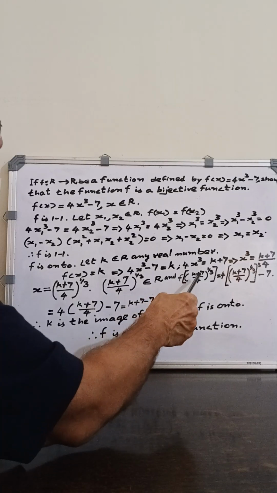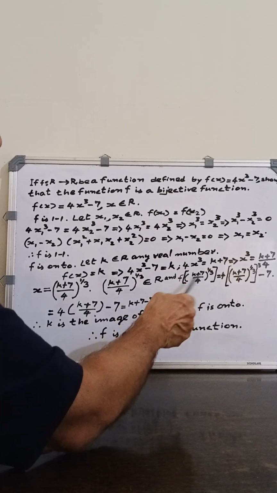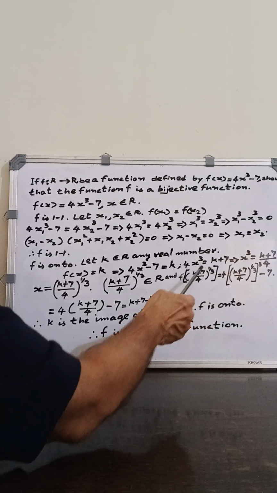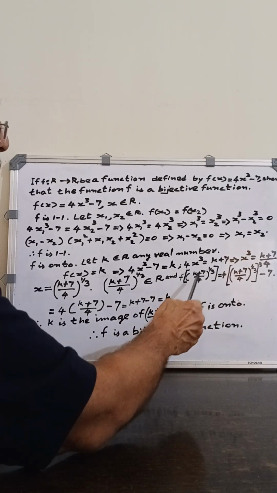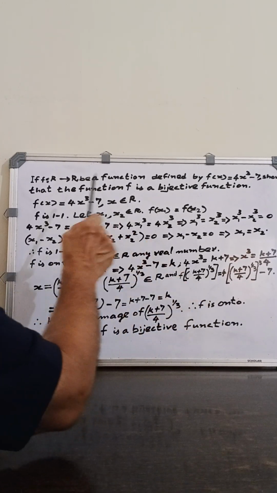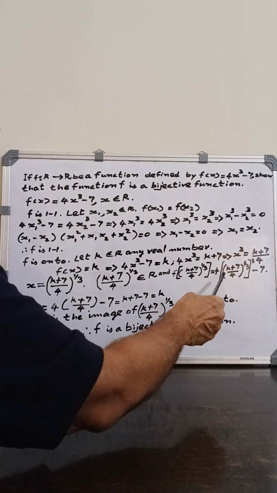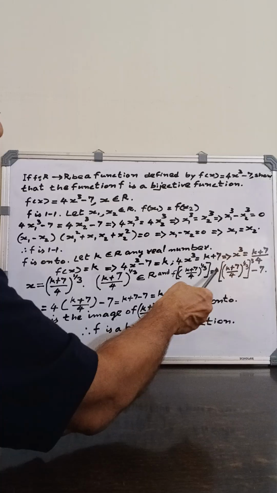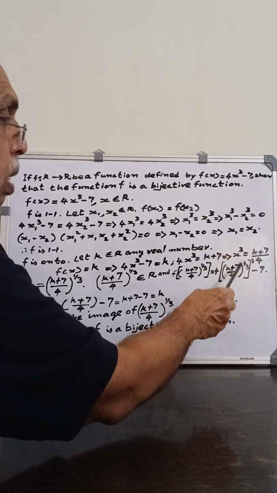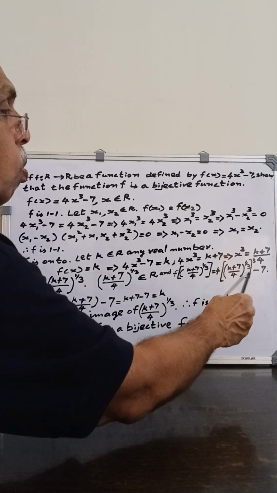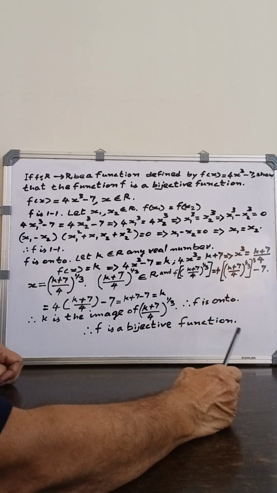F of k plus 7 whole by 4 the whole raised to 1 by 3 equals, in the given function, we can apply this: 4x cube minus 7, that is 4 into k plus 7 whole by 4 the whole raised to 1 by 3 the whole cube, minus 7.